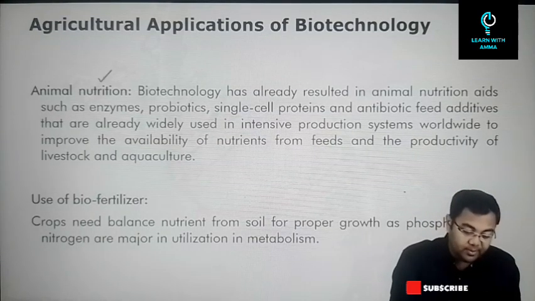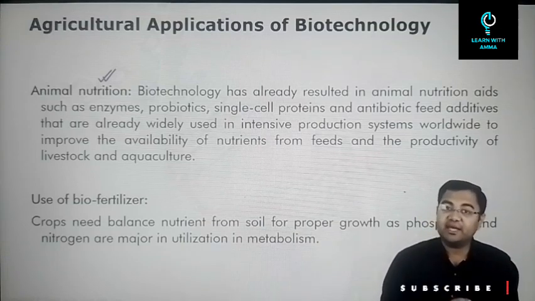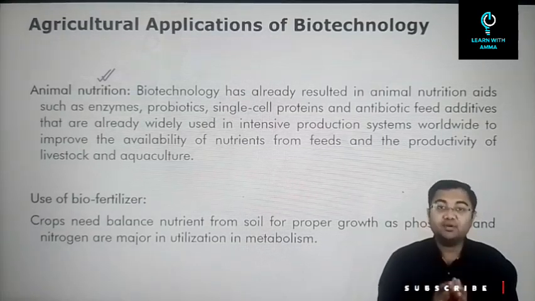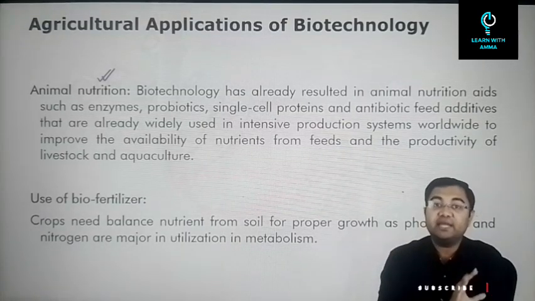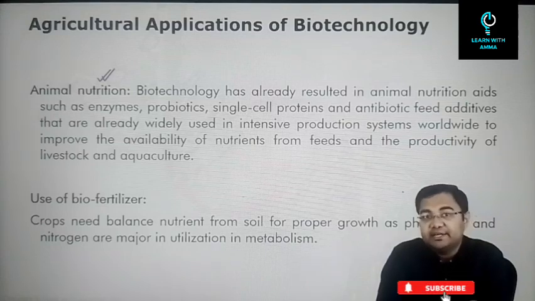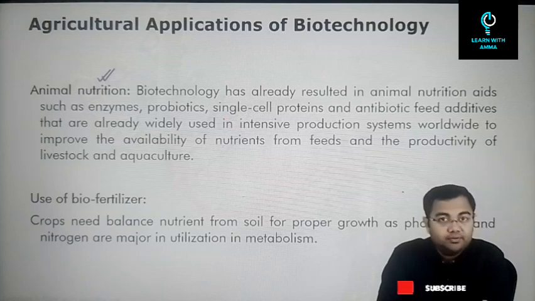Then after that, animal nutrition. In what kind of ways can biotechnology help in animal nutrition? First of all, we know that the cattle or the livestock also need enough nutrients so that they can perform all the tasks that we want them to perform, whether it is related to agriculture or dairy or anything. For that, they need enough nutrients.